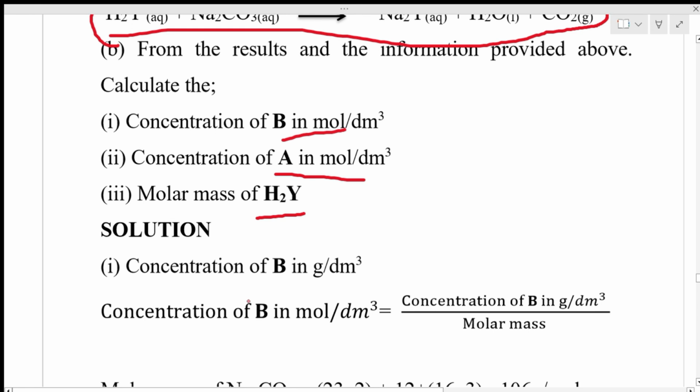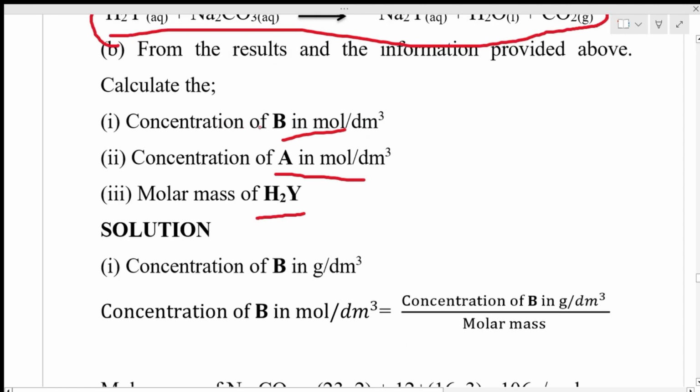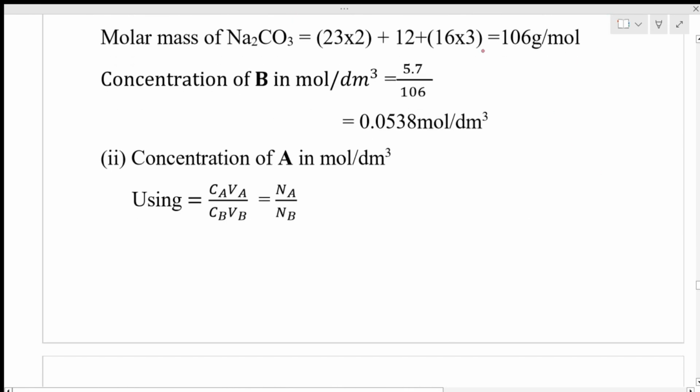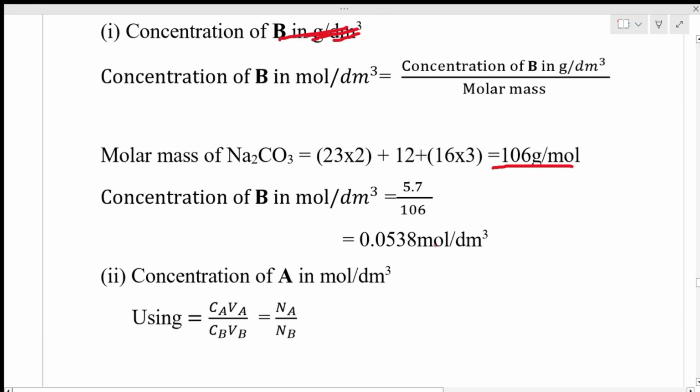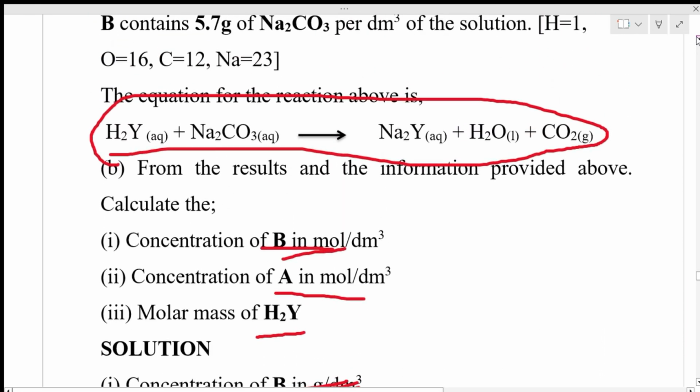So let's see the formula for concentration of B in mole per dm³. That's the first thing we are calculating. You calculate your molar mass to be 106, and you divide the 5.7, which is the value of B given, by the molar mass.